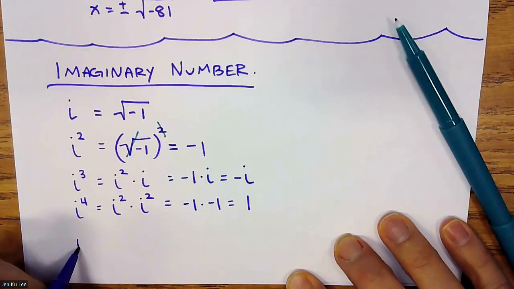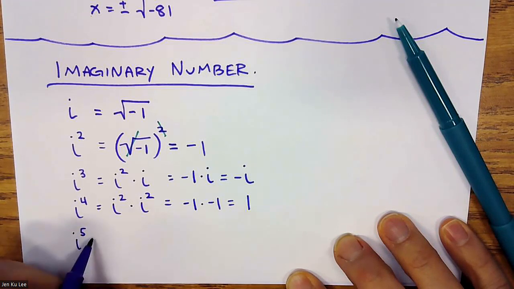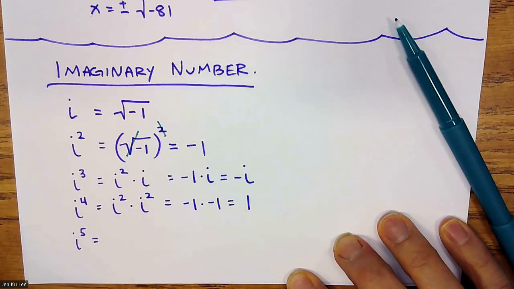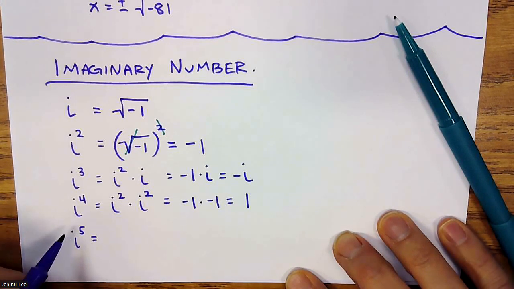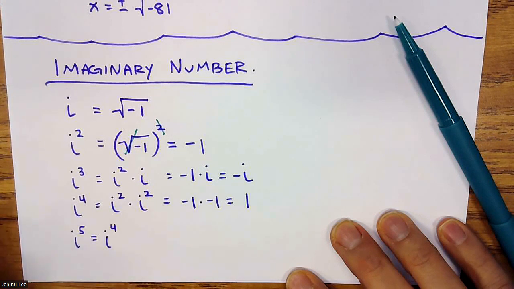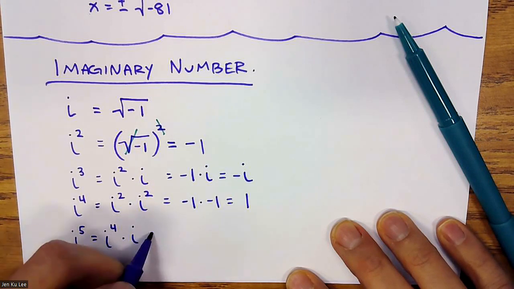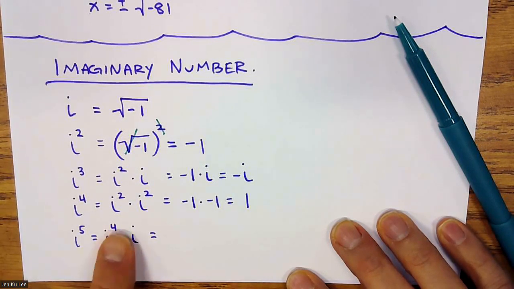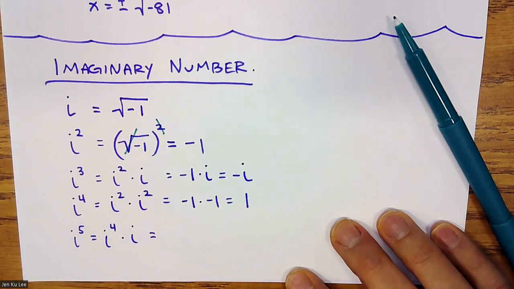And let's try i to the fifth. i to the fifth is going to be i to the fourth times i, right? 4 plus 1 is 5.